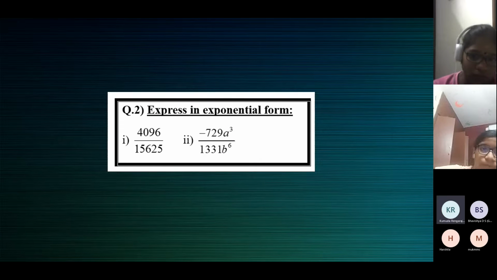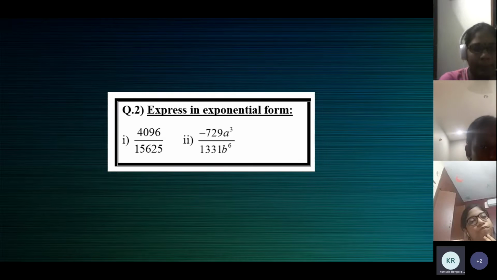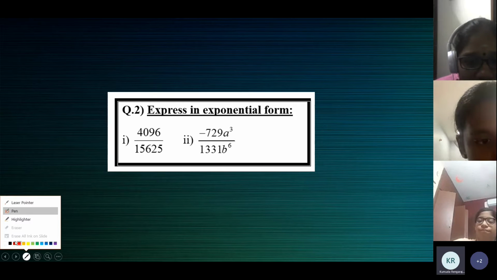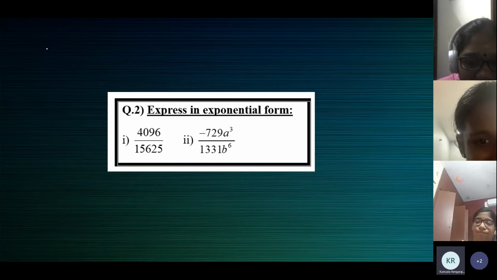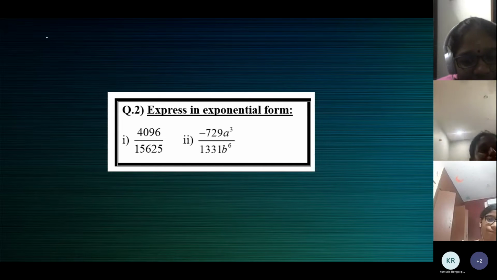So power notation, exponential form, all the same. Express in exponential form. I'll give you an example, so with the help of that you can work this.